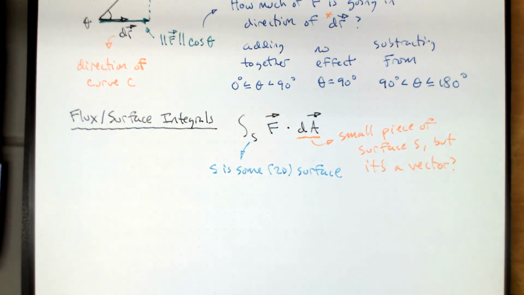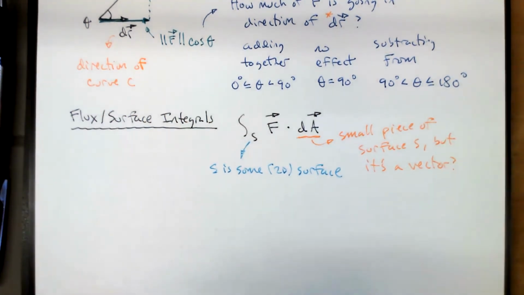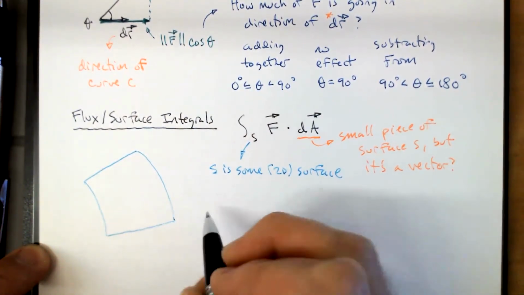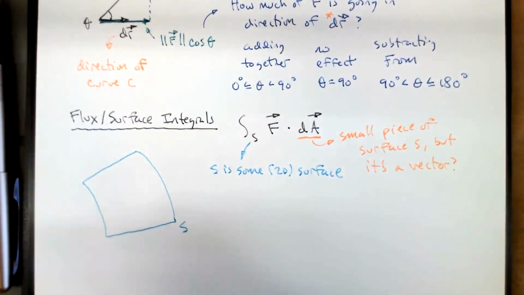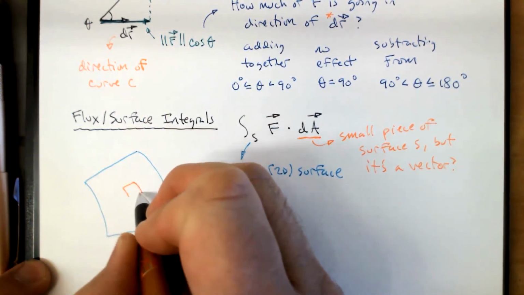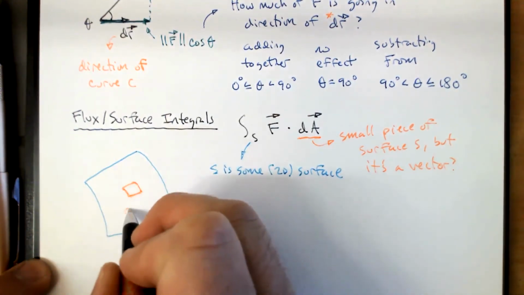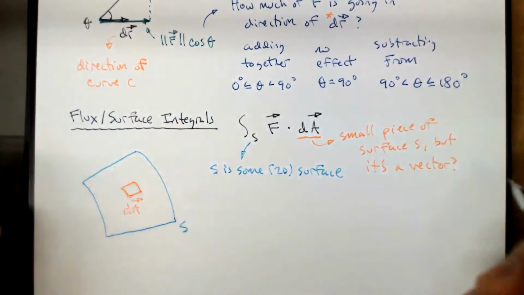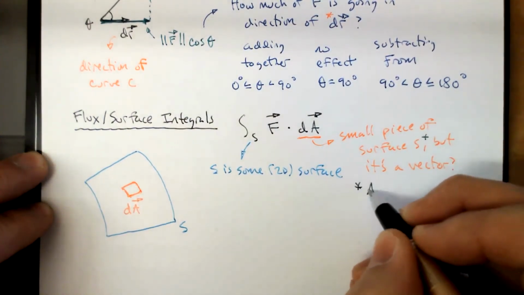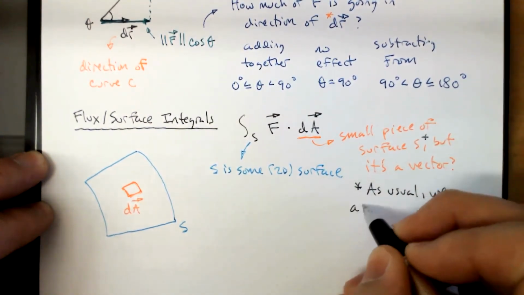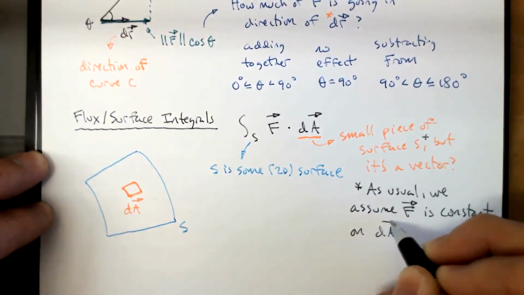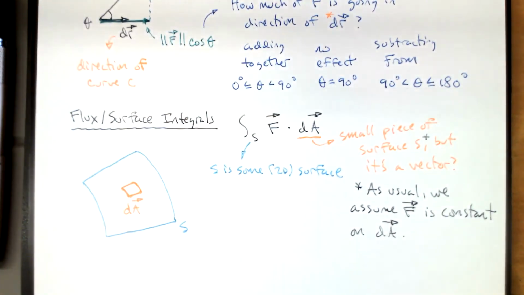S is this surface, and dA is a small piece of this surface, over which we assume that the vector field is constant. This is how we do continuous addition.